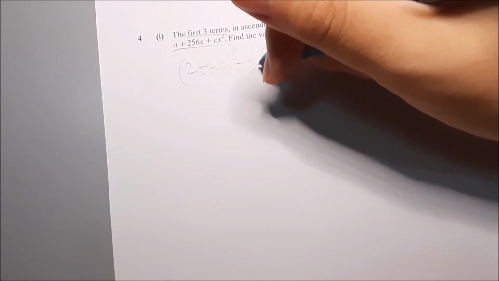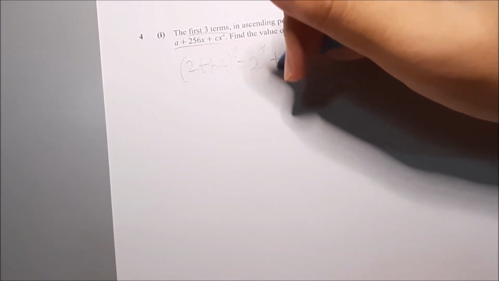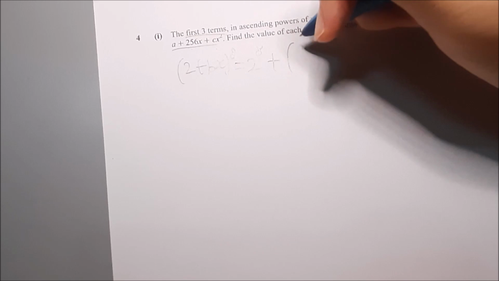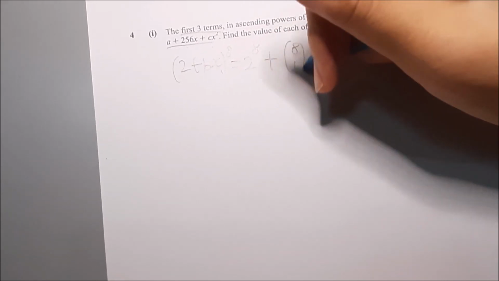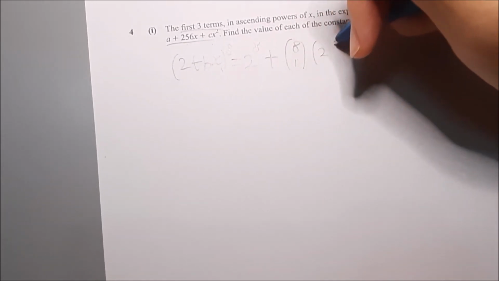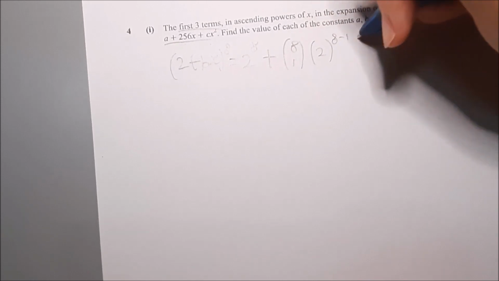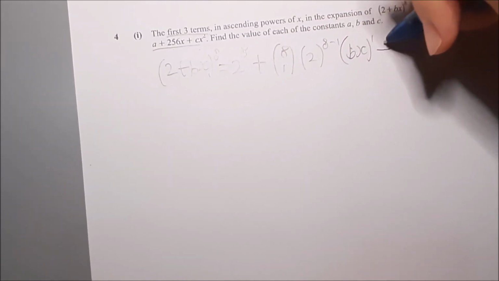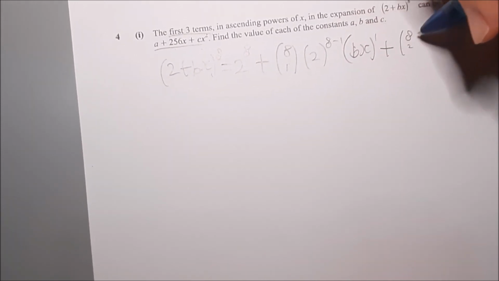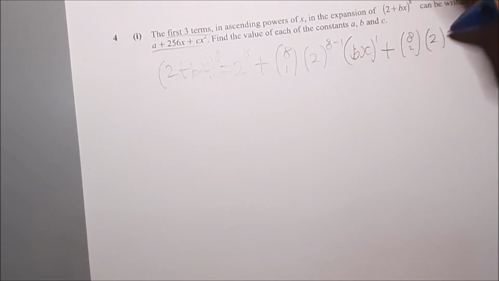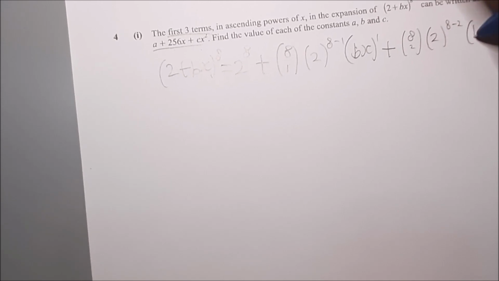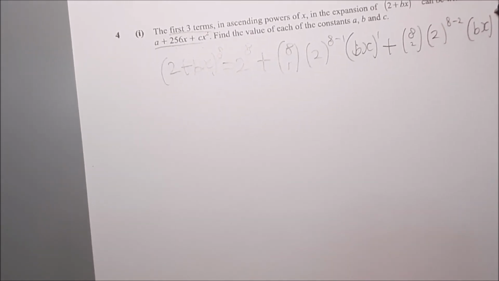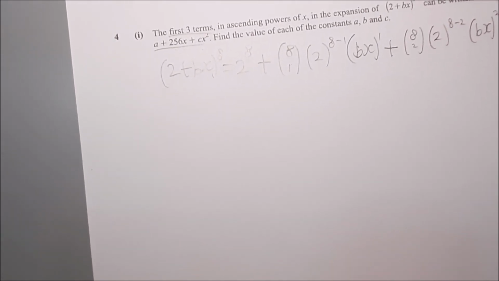So the first term is 2 to the power of 8, the second term is 8C1, 2 to the power of 8 minus 1, and bx to the power of 1. And the third term is 8C2, 2 to the power of 8 minus 2, and bx to the power of 2.